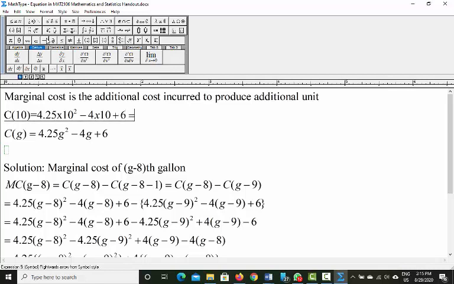So the total cost of producing 10 gallons of soybean oil will be what? 4.25 multiplied by 10 squared minus 40 plus 6.